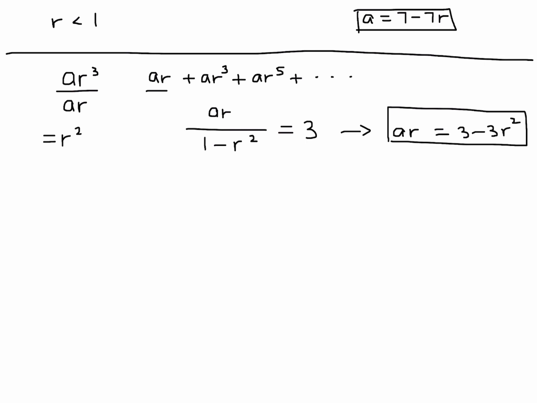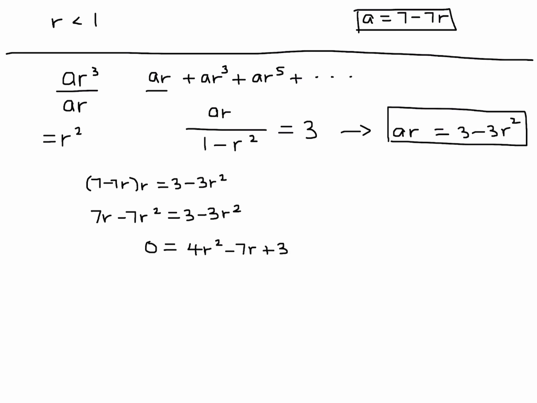So if I do that, I get 7 minus 7r times r is equal to 3 minus 3r squared, like that. This becomes 7r minus 7r squared is equal to 3 minus 3r squared. And therefore, if you put everything on one side, this becomes 4r squared minus 7r plus 3 is equal to 0.